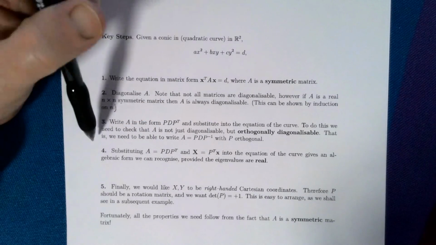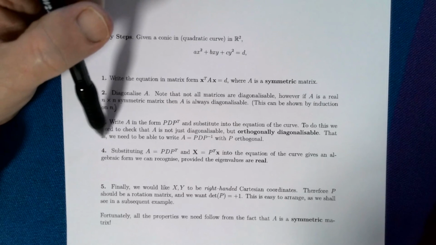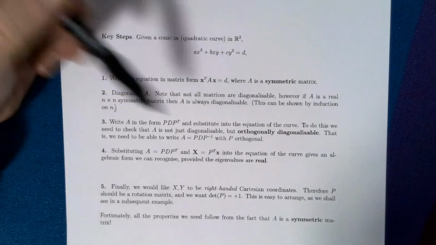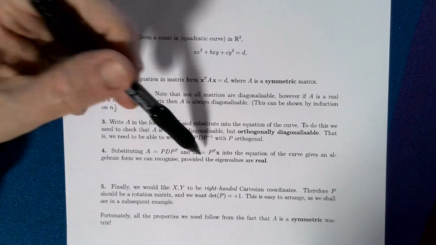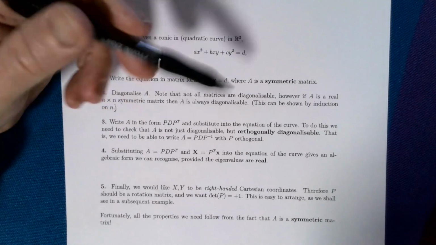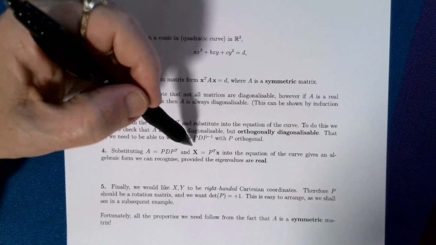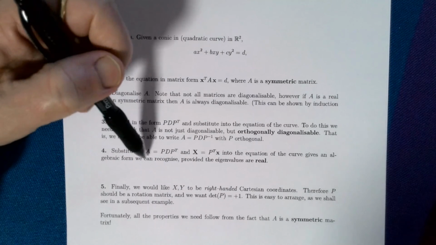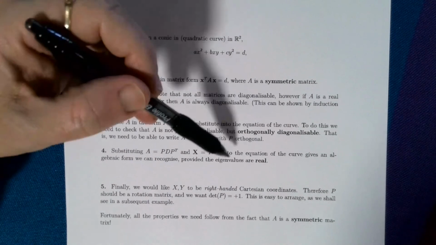And when we've done that, we can then show that A is PDP inverse with P orthogonal. So when we substitute this into here, we make this change of variable. This is doing it the other way; I did it as X equals P transpose x before. This gives us an algebraic form that we can recognise, provided the eigenvalues are real.